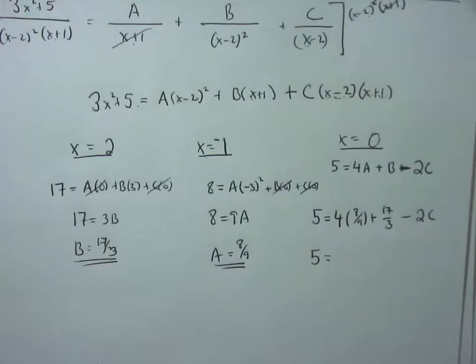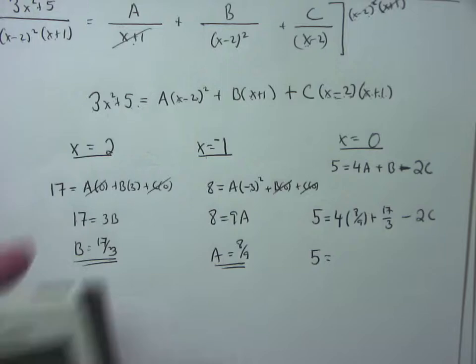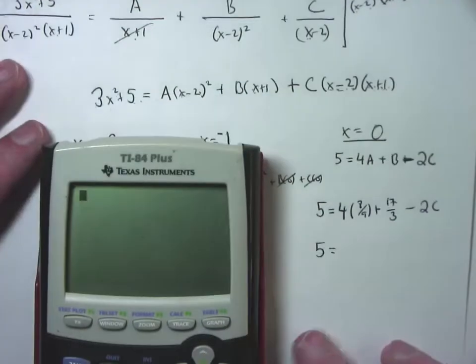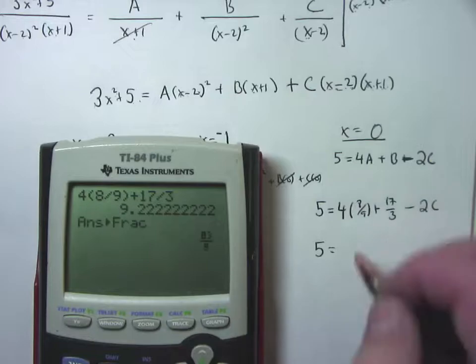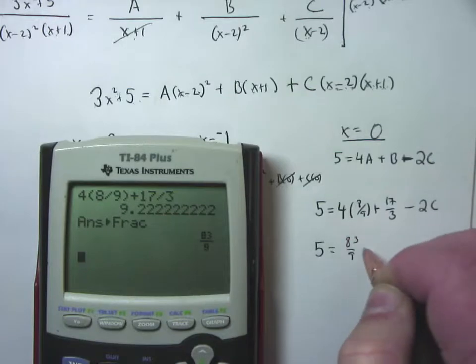Just to make sure we don't screw this up, I'm going to put this on my calculator. This is 4 times 8 ninths. Well, 4 times 8 is 32, so that's 32 ninths, plus 17 thirds. And I get 9.2222, which converts to 83 ninths, minus 2c.